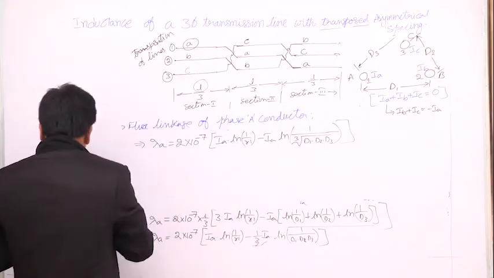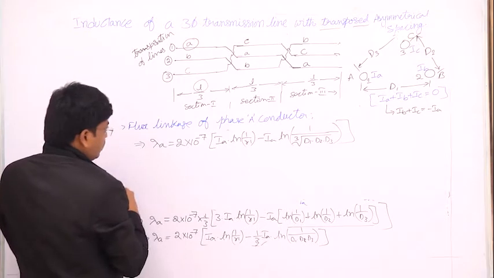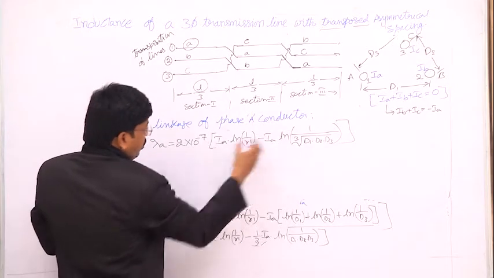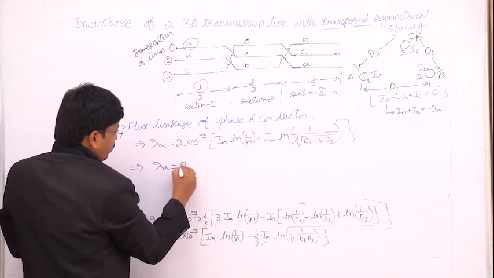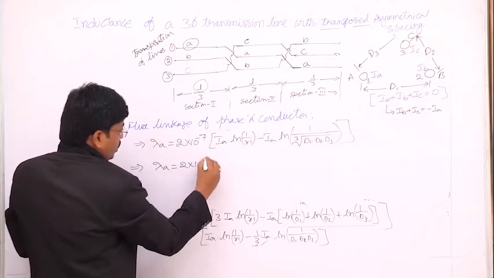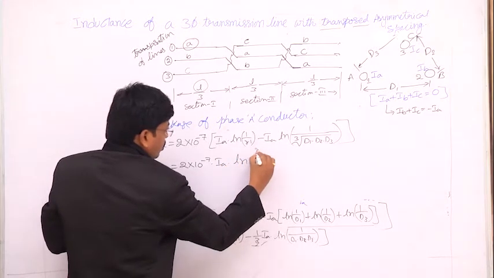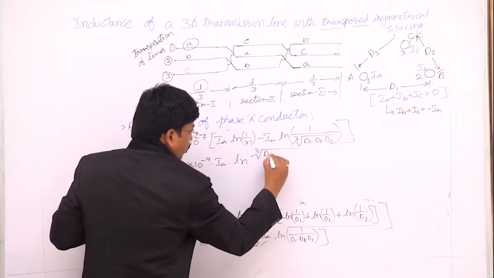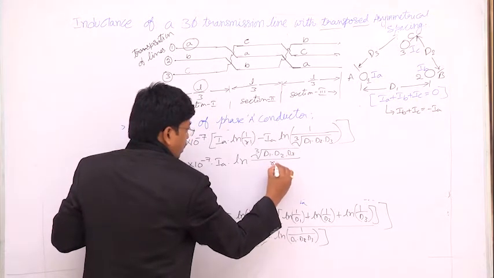Okay. Now in both the terms, IA is taken as a common factor, and here I am using the log A minus log B concept. Now finally, lambda equivalent to 2 into 10 power minus 7 IA into logarithm of cube root of D1, D2, D3 by R dash.